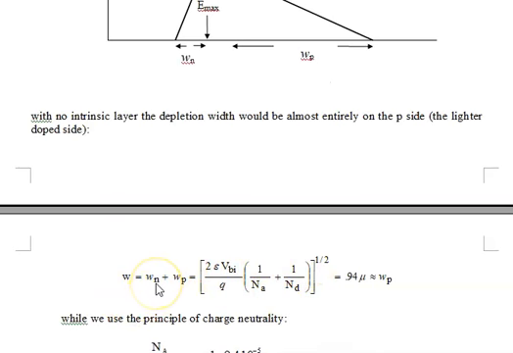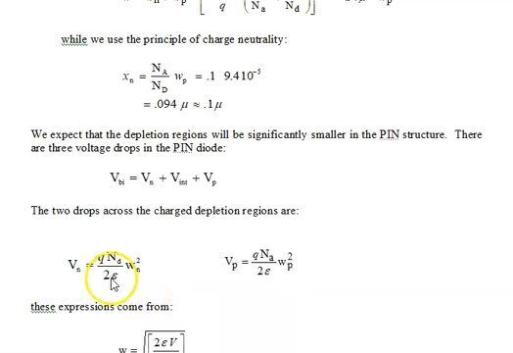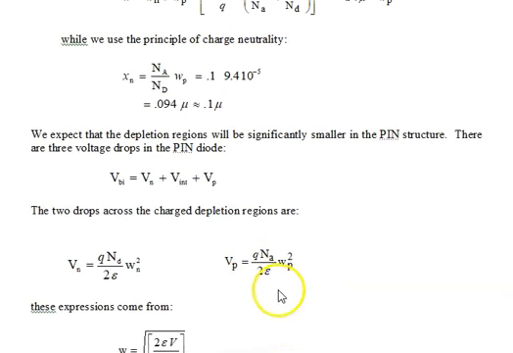If we're talking about W sub N, we use the ND part and we solve for VBI instead of W. That's why we have a square term here. And the same thing for the drop across the P region. This is just this equation taken apart and used for each region separately. And we don't know the numbers yet.